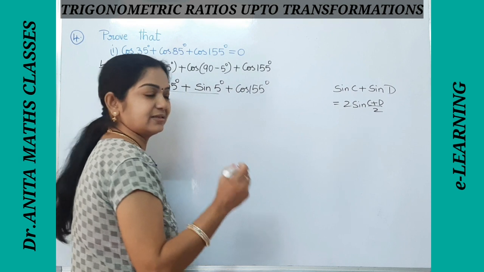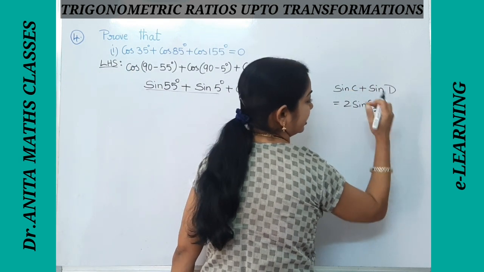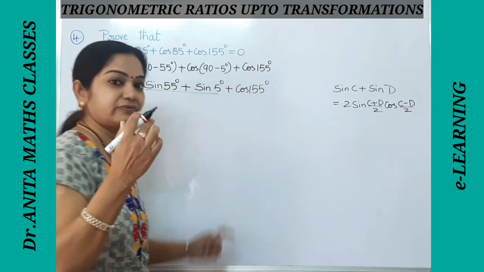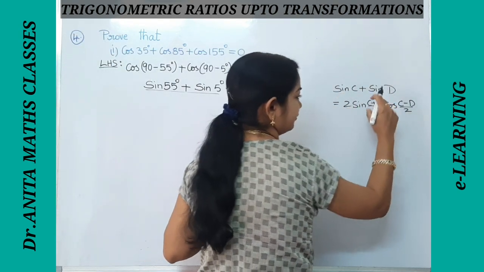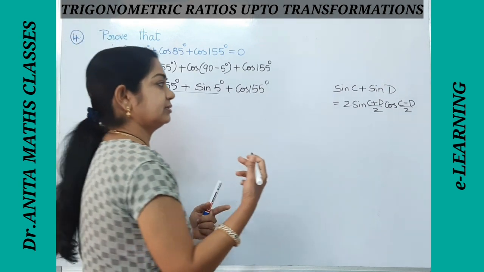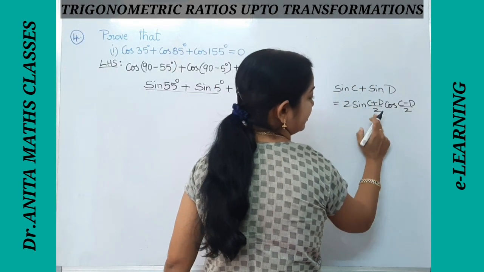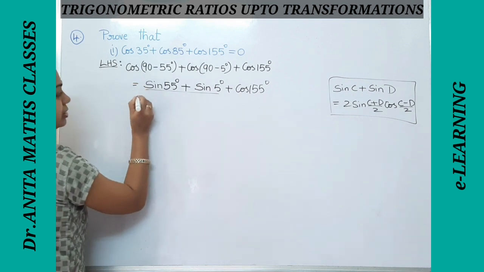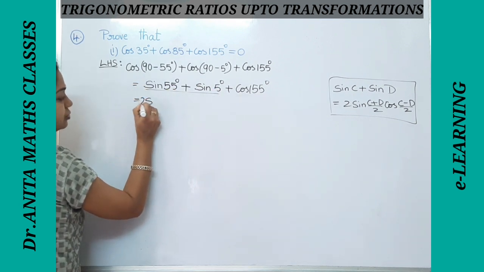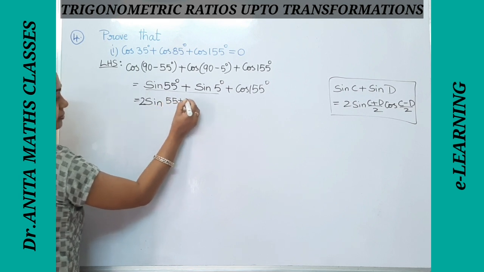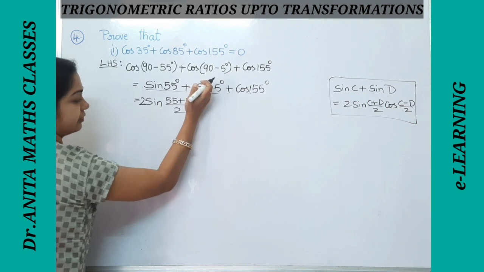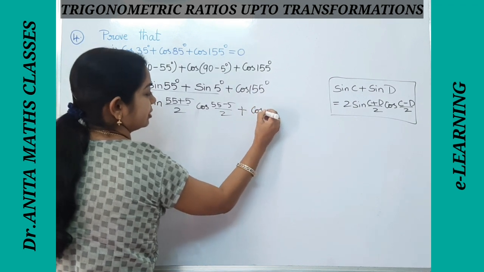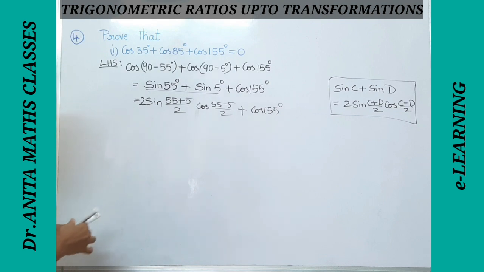Always when you remember the formula, sin takes the same sign, and cos takes the opposite. So it is 2 sin (C plus D by 2) cos (C minus D by 2). We apply this formula for the first two, plus cos 155 degrees, also given here.